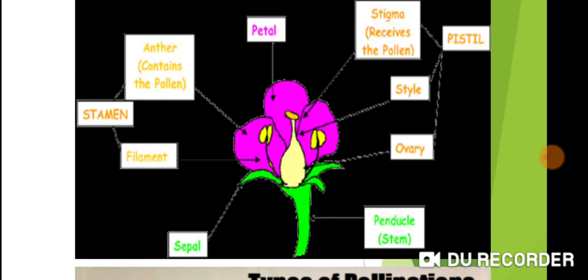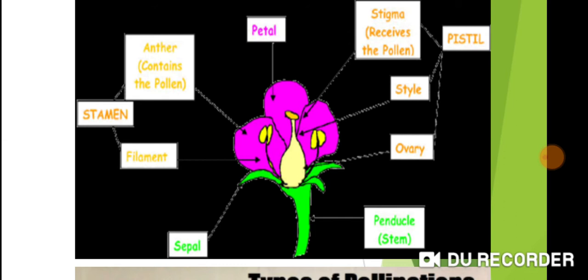The pistil is the center swollen part of the flower, a yellow bottle-shaped part. The pistil is further divided into three sections. The top one is the stigma, the center stalk-like part is the style, and the bottom vase-type bulb is known as the ovary. This is the female reproductive organ of a flower.